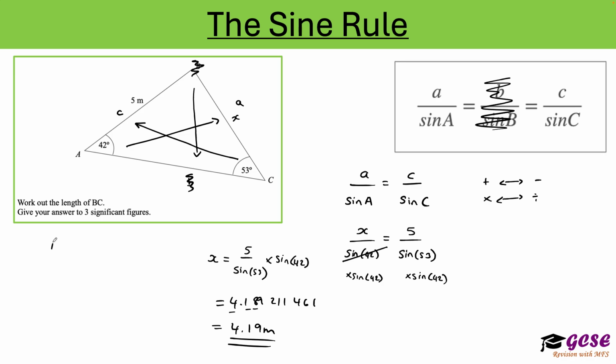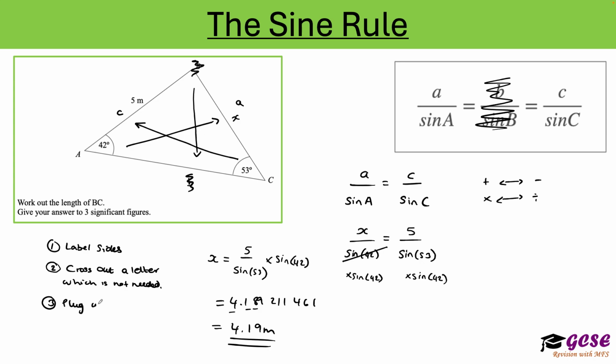Okay, so step 1, label sides. Step 2, cross out a letter which is not needed. And then after that we just need to plug in our values.